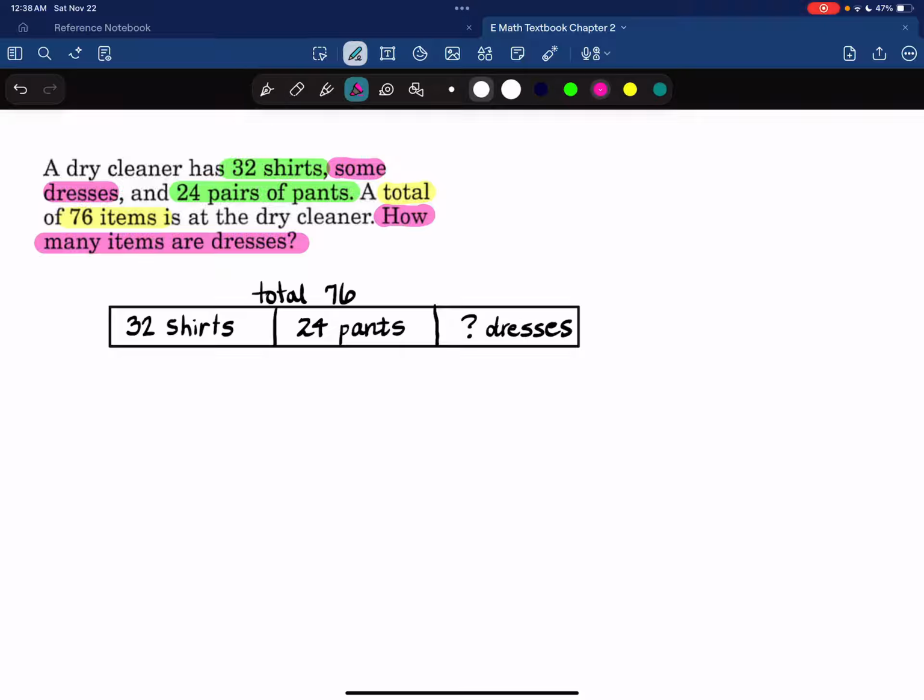So because this one's pretty complicated, let me highlight for you on these numbers, and that may help trigger the process. We're going to take the total minus the shirts and the pants, and that will equal the dresses.